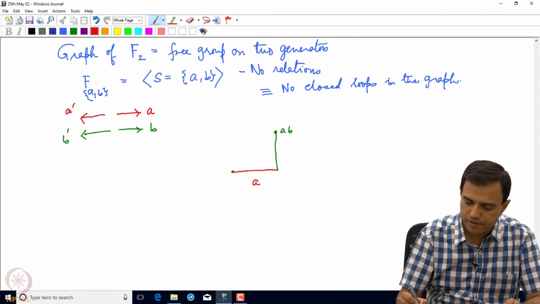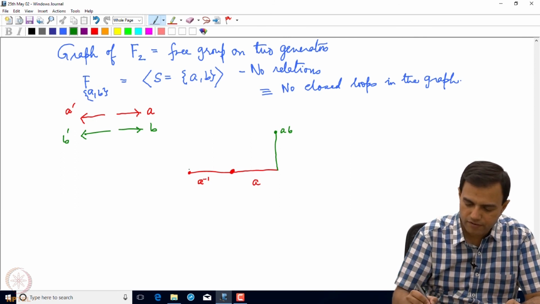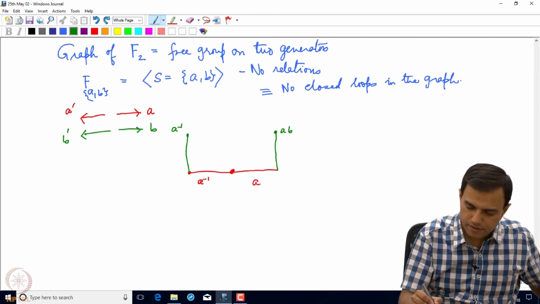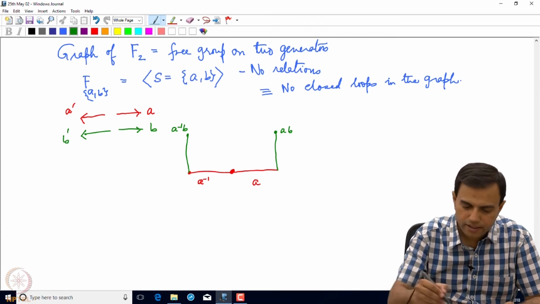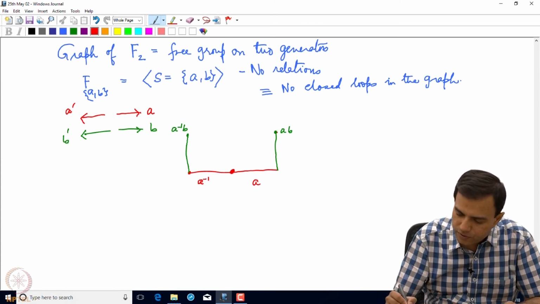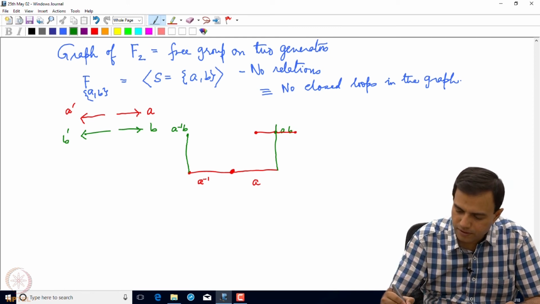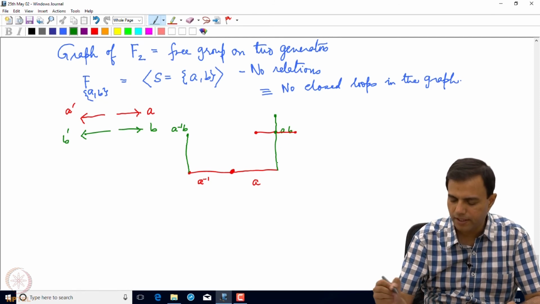Or I have here A inverse, and then I have here B. So this is A inverse B. And here again, if I can do A, I can do A inverse, I can also do B, or I can come back here.